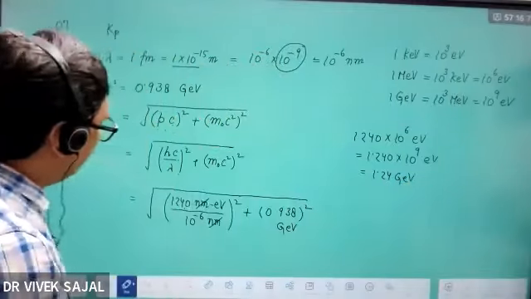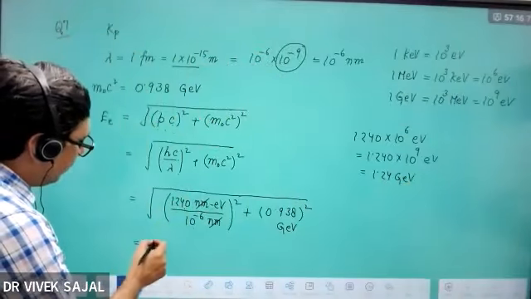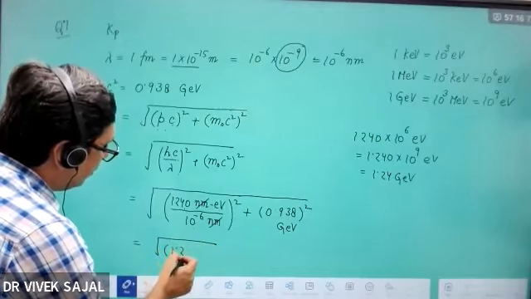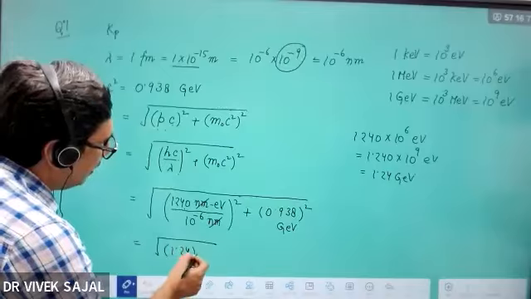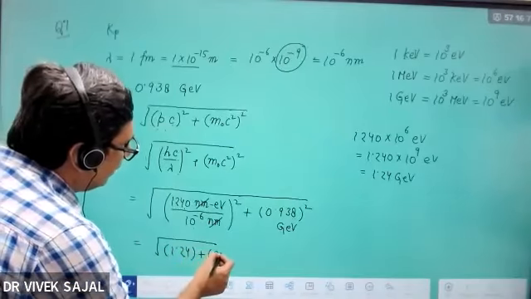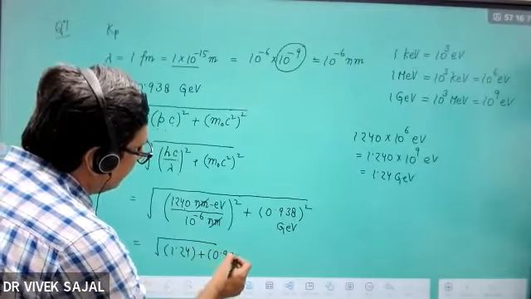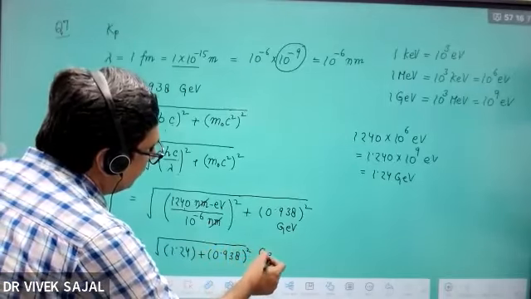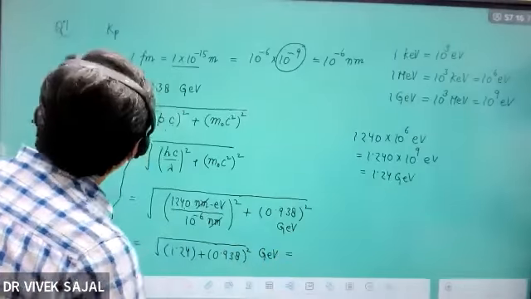1.24 GeV. Substitute here: square root of 1.24 GeV square plus 0.938 GeV square, and here it will be GeV. Now you calculate it.